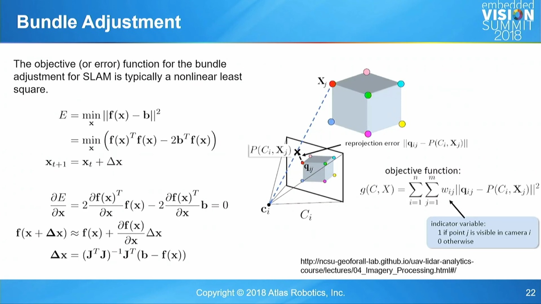The way we solve this is a derivation of nonlinear least squares. Because it's nonlinear, we can't just solve it in one shot, so we need an iterative solution for the optimization, and that's where we use this delta for the iterative optimization.